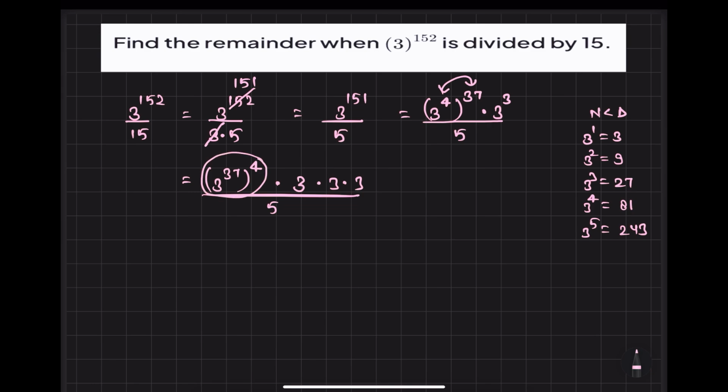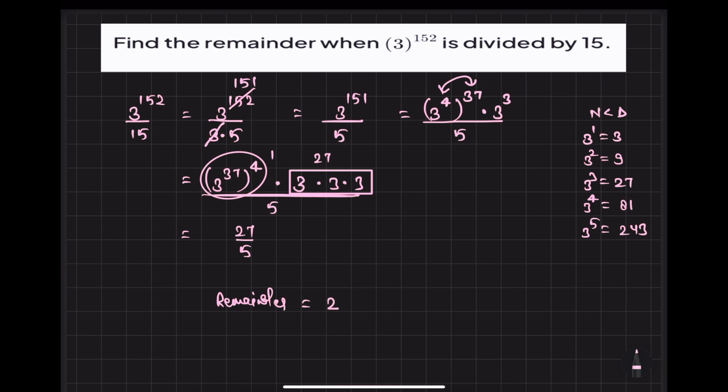If you observe, this part will contribute remainder 1. 3 3s are 9, 9 into 3 is 27. So 27 into 1 is 27. So 27 divided by 5 will give you a remainder of 2.